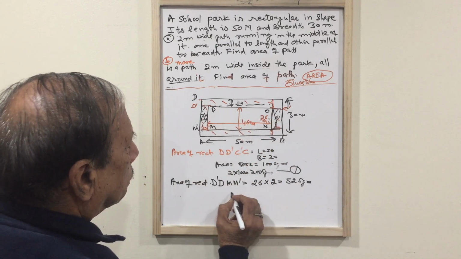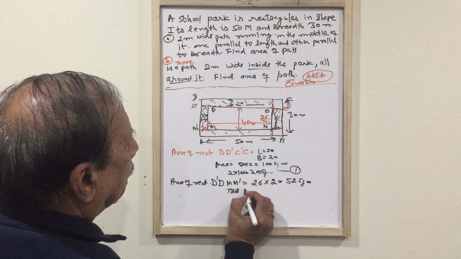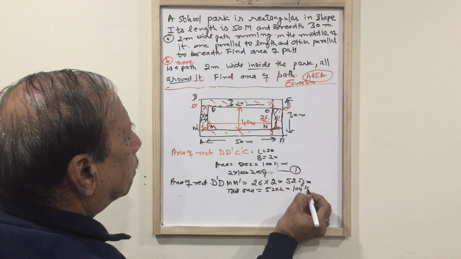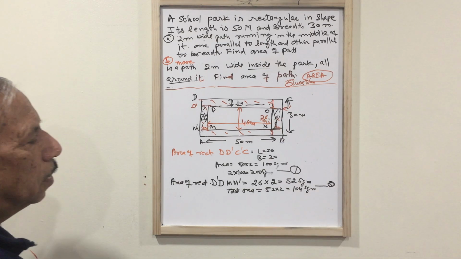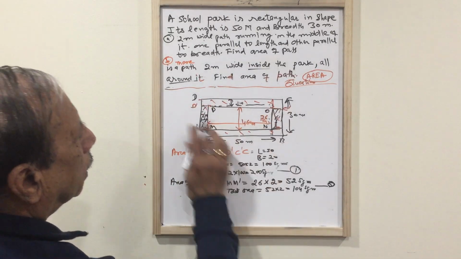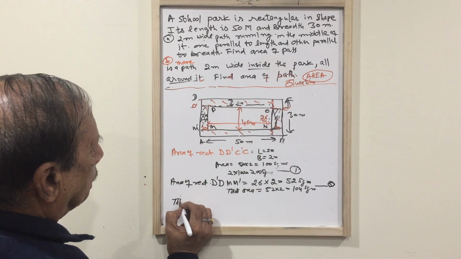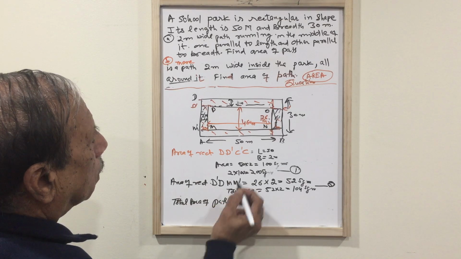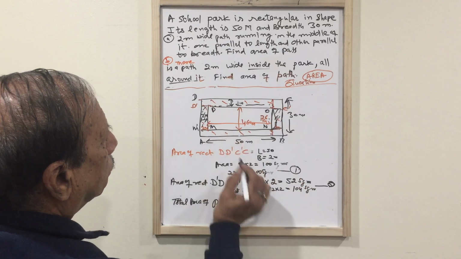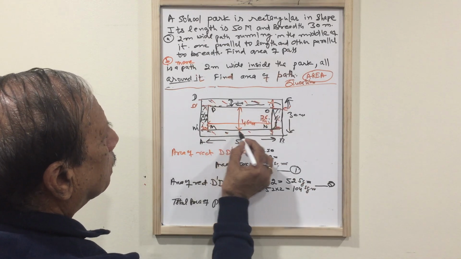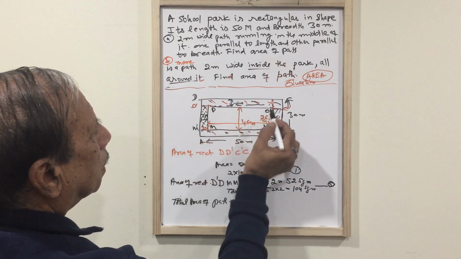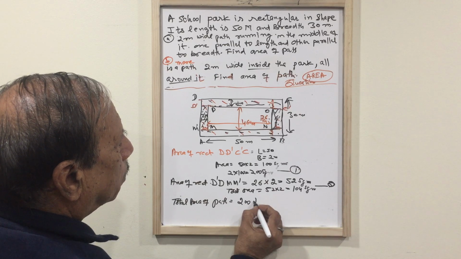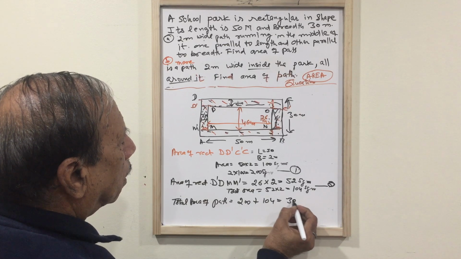So total area is 52 multiplied by 2 is 104 square meters. So the total area of the path is the area of these two rectangles plus the area of these two rectangles. We have already calculated that, 200 square meters plus 104 square meters is equal to 304 square meters.